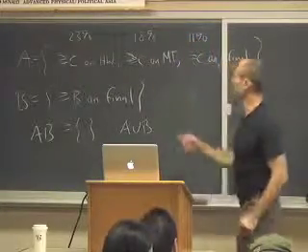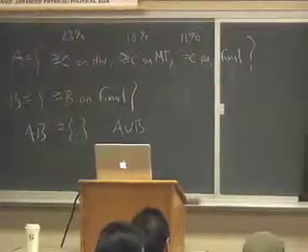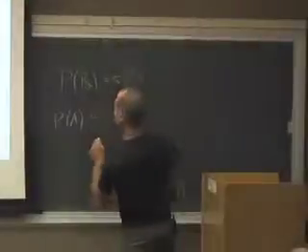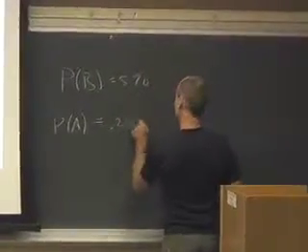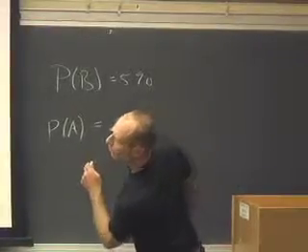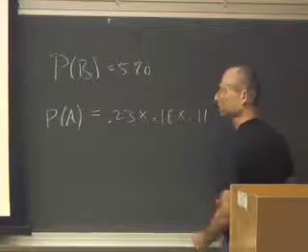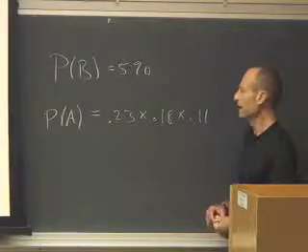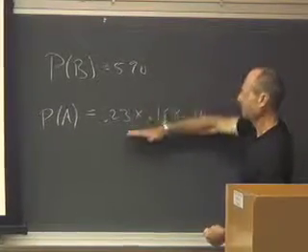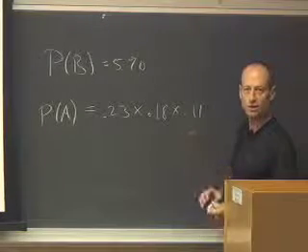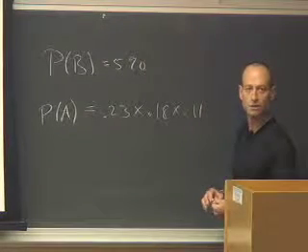So the probability of A using the independence is 0.23 times 0.18 times 0.11. And so if we add 0.05 to this product, that's the chance you pass the course by guessing.